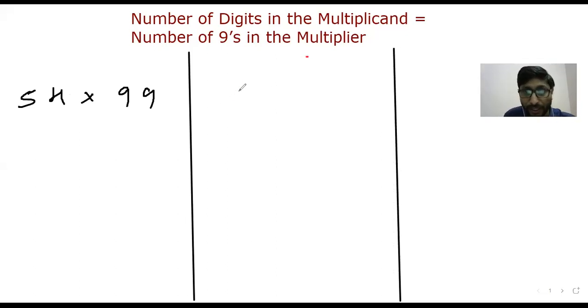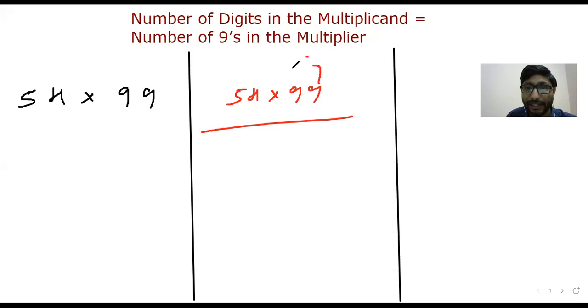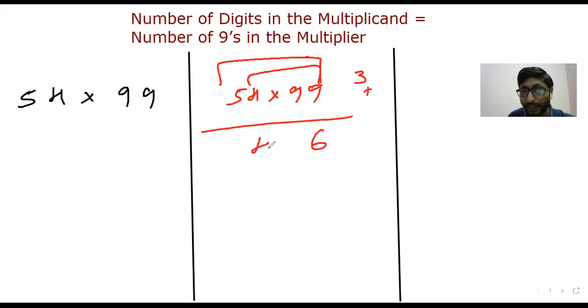Generally, 54 multiplied by 99 in traditional multiplication: 9 into 4 is 36, 9 into 5 is 45, plus 3 is 48.